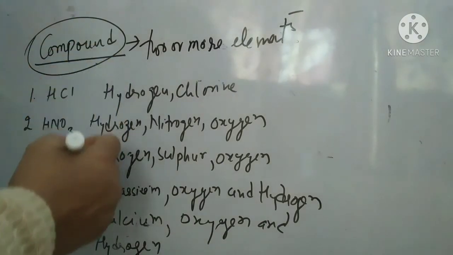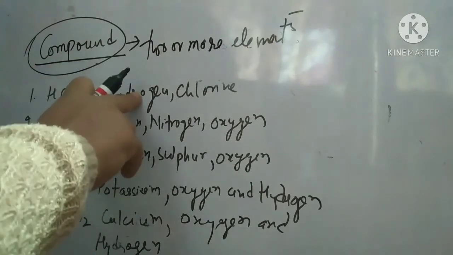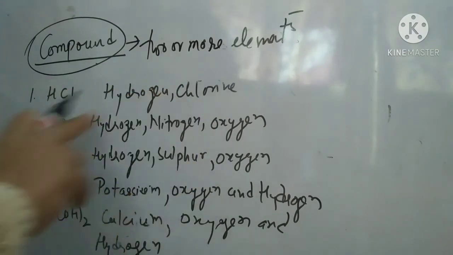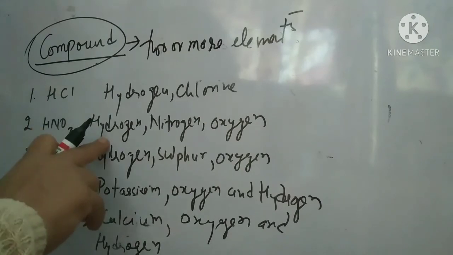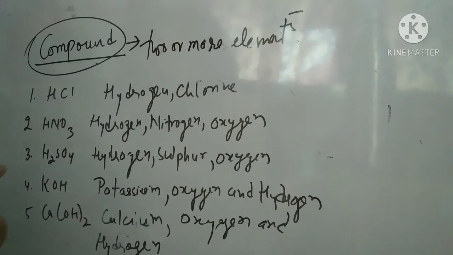So here there are chemical formulas of different compounds as well as elements present in that compound. The molecular formula for hydrochloric acid is HCl. The elements present in HCl are hydrogen and chlorine. Number 2 is nitric acid. The elements present in nitric acid are hydrogen, nitrogen and oxygen. Then the third one is sulfuric acid.